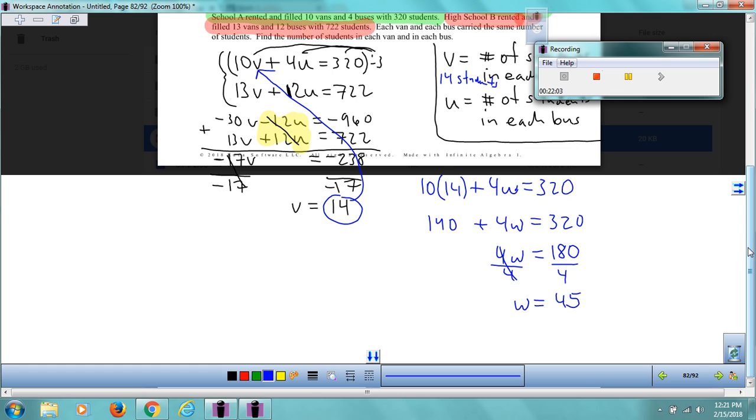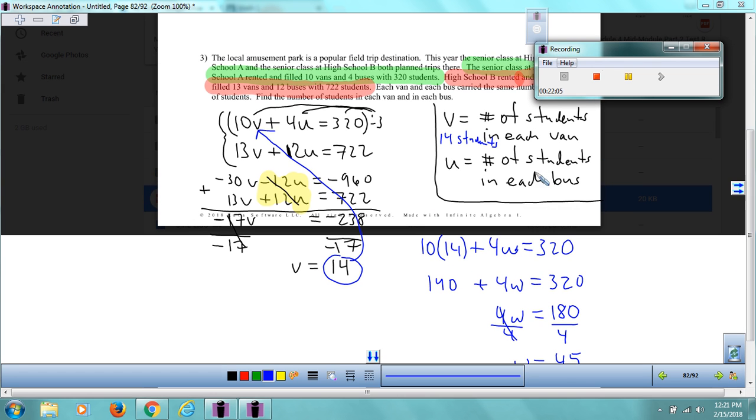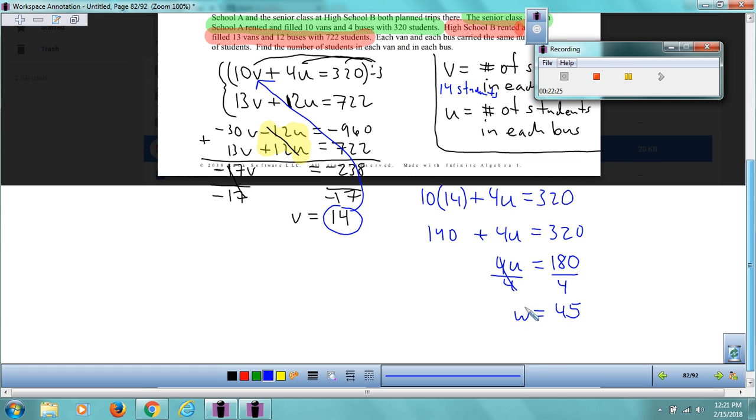And so what does it mean that W equals 45? W equals 45. Sorry, my variable just morphed from a U to a W. I took too much style on my U. Let's go ahead and change that. What does it mean for U to equal 45? That means that the number of students on each bus is 45. So there's 45 students per bus.